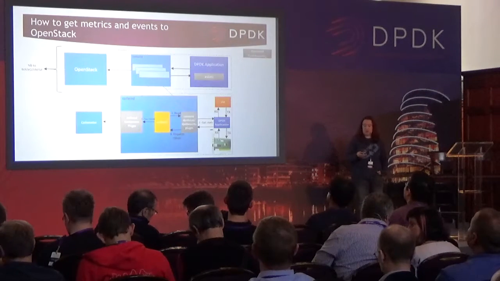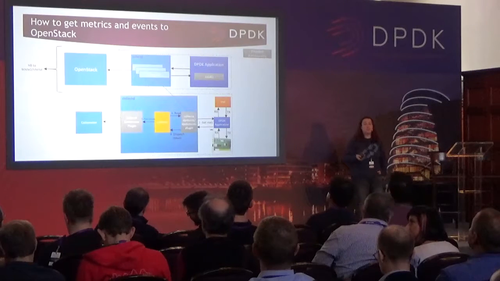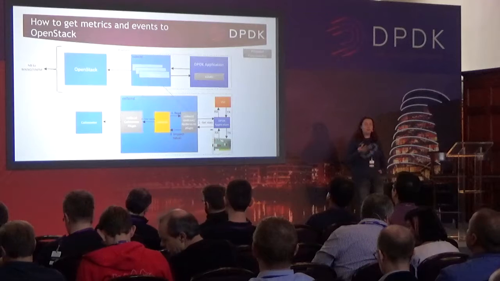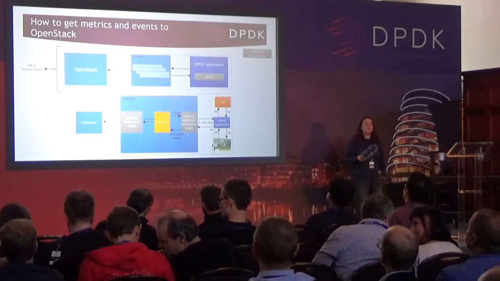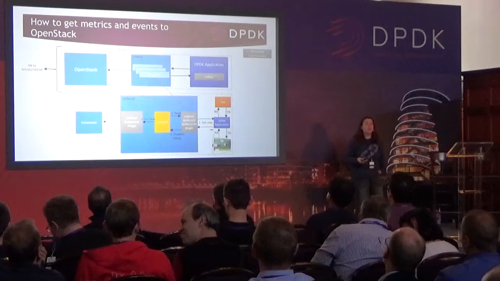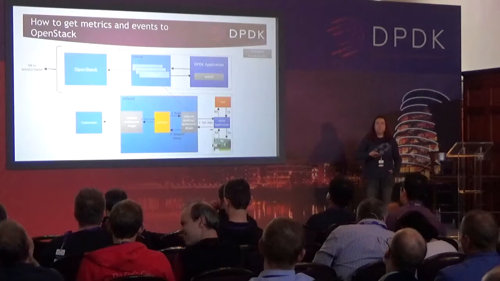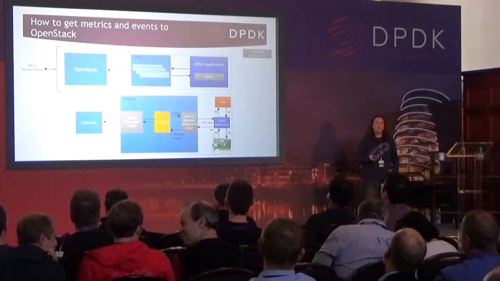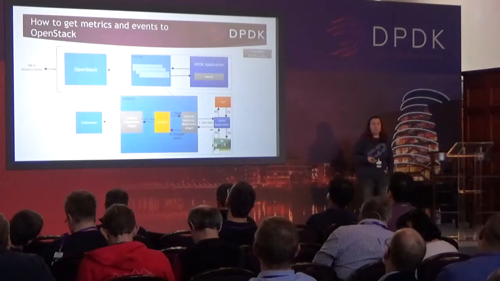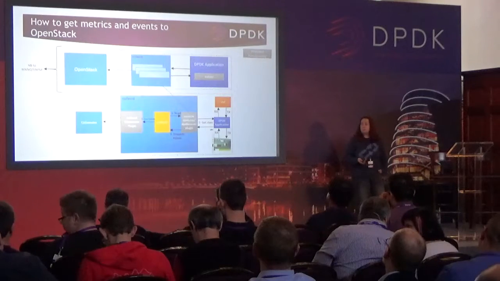In this way, you have the statistics available to OpenStack, so that any application running on top of it can make use of these statistics for fault detection and fault monitoring, and you can improve the service assurance capabilities of your platform because you now know what's going on.